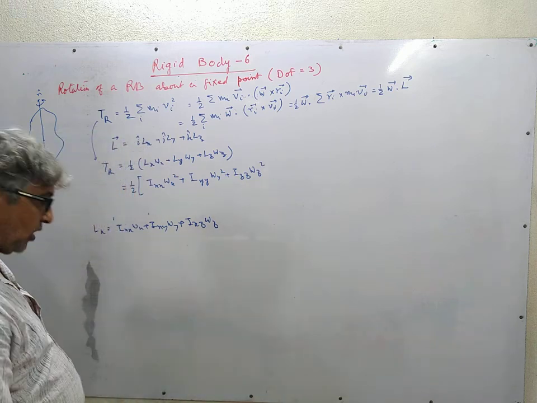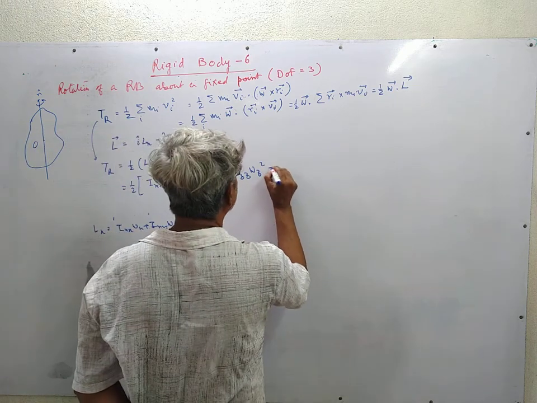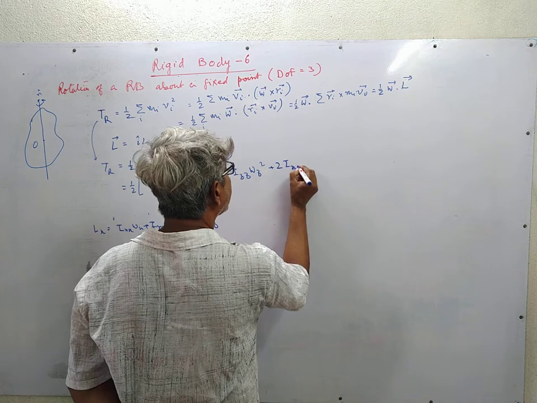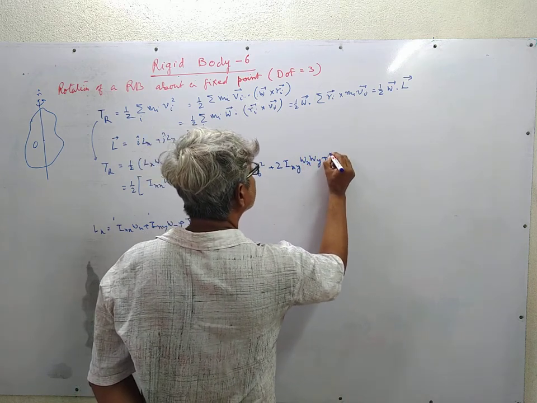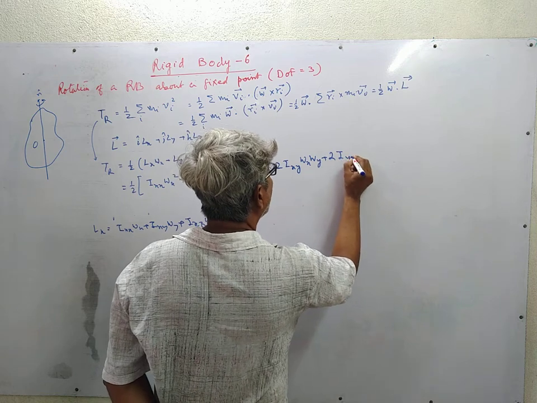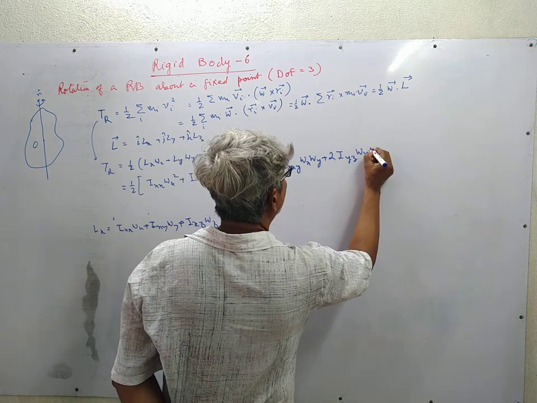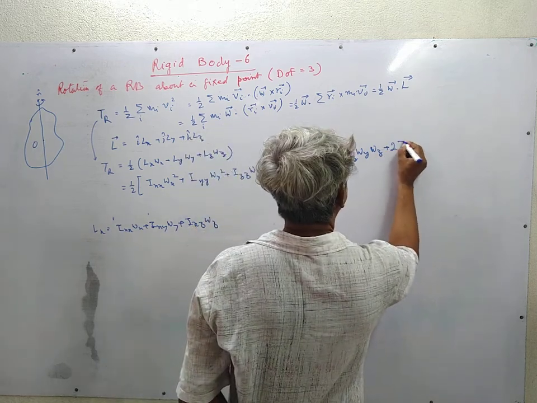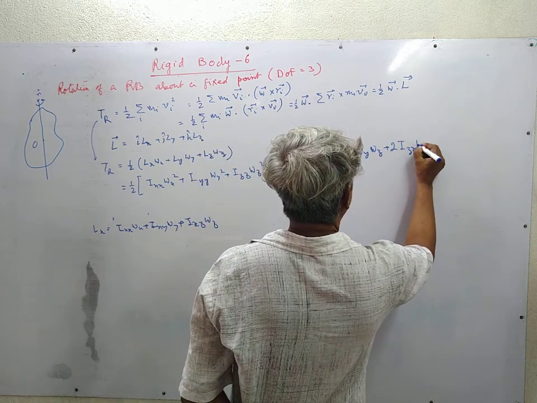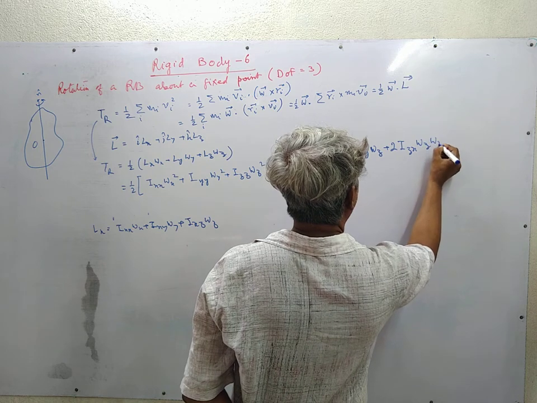These are the diagonal contributions, and then twice Ixy omega x omega y plus 2 Iyz omega y omega z plus twice Izx omega z omega x.